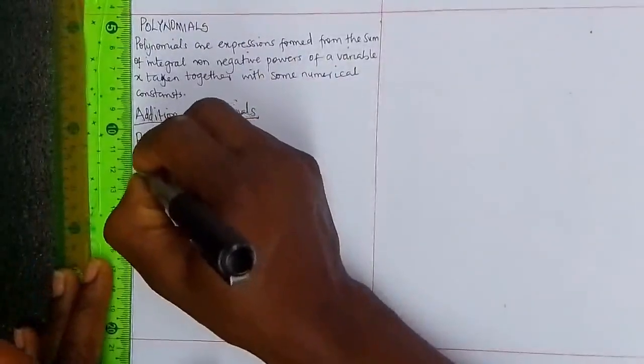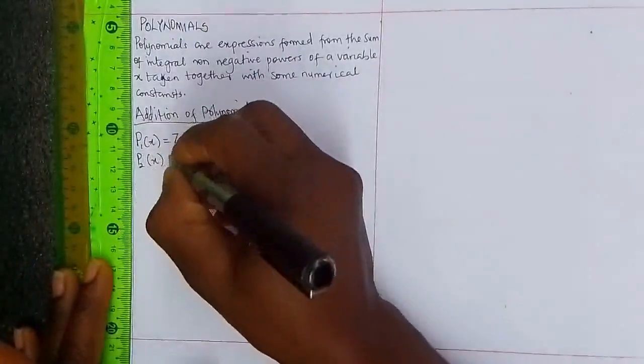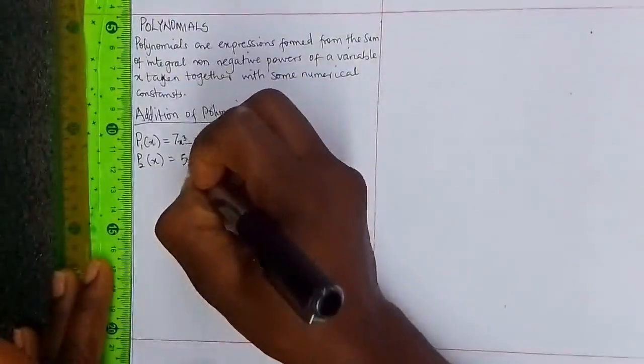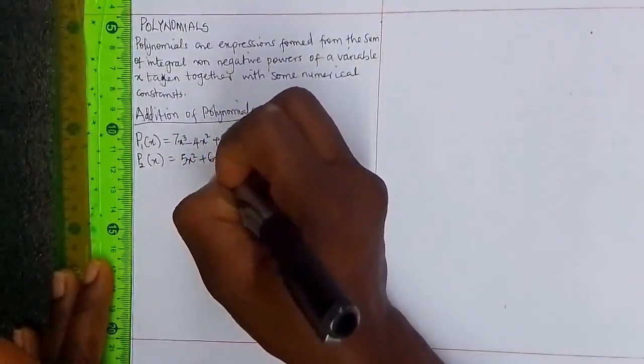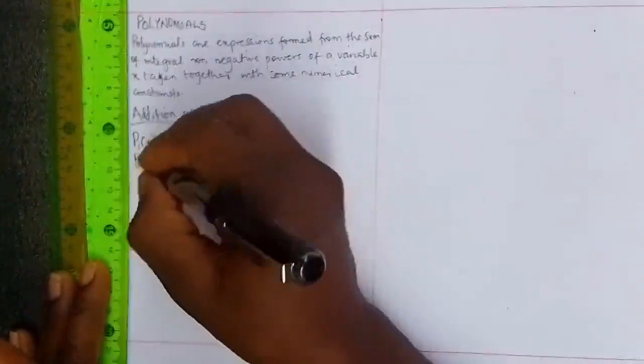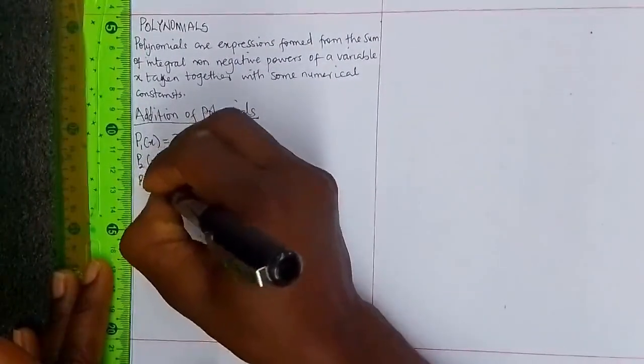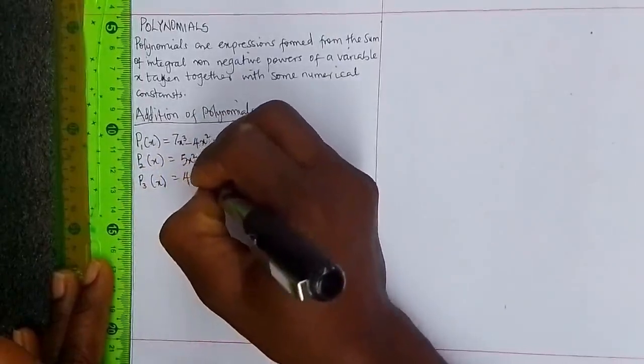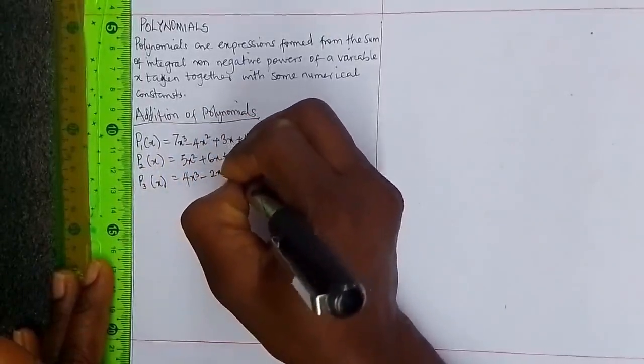Then p2 of x is given as 5x squared plus 6x plus 1. And then p3 of x is given as 4x cubed minus 2x minus 3.